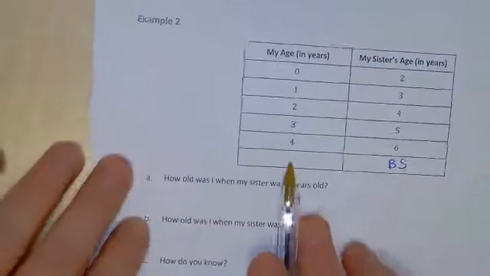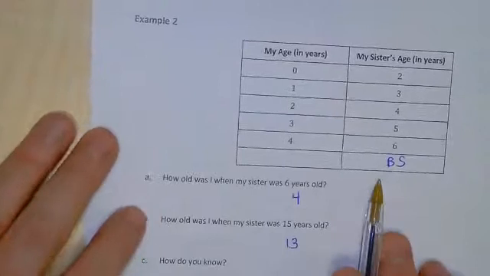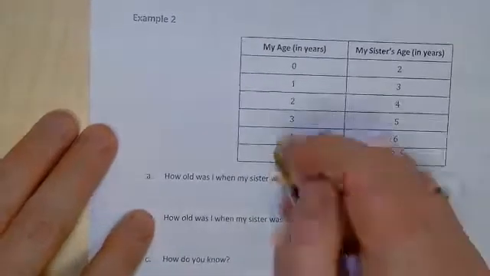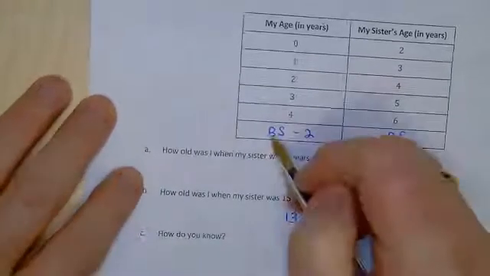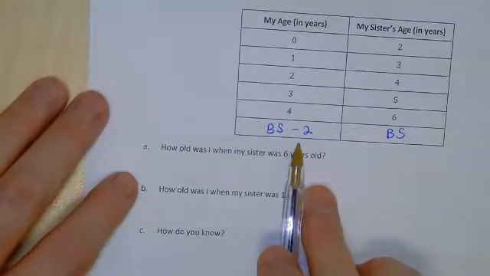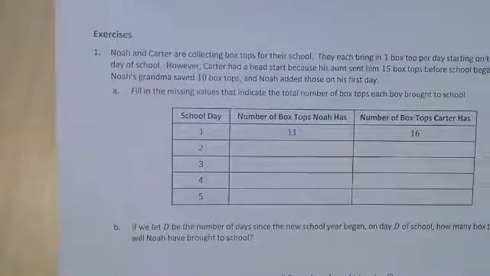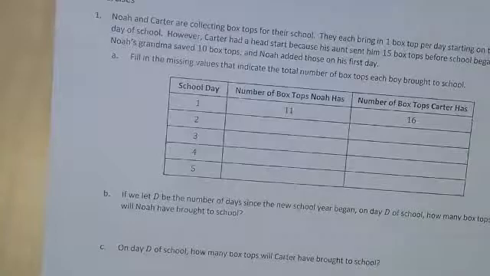What if we don't know how old her big sister is? How did I get that number using a variable? BS minus 2. However old my big sister is, if I take away 2, that's how old Felicity is. We already did that, and that, and that, and that.